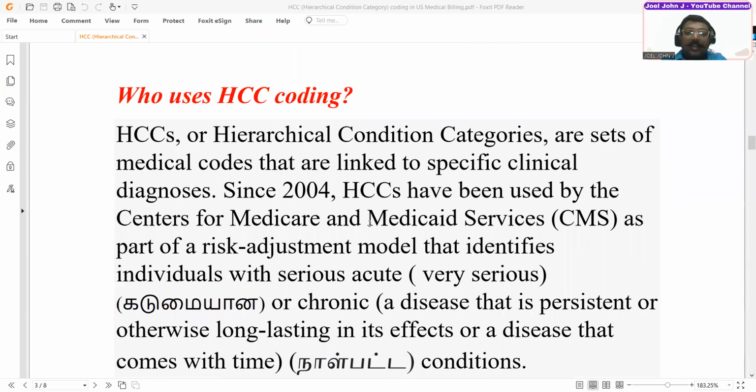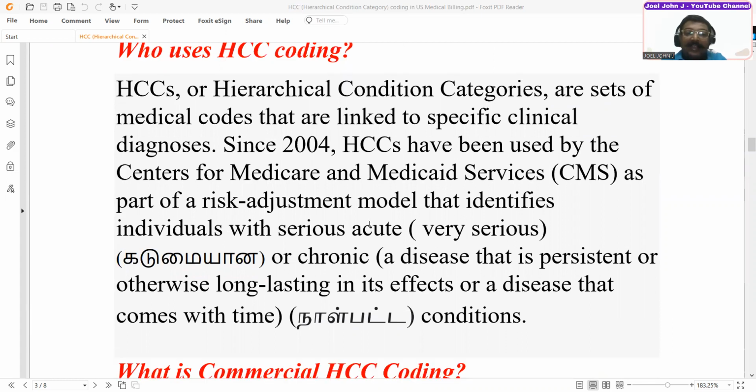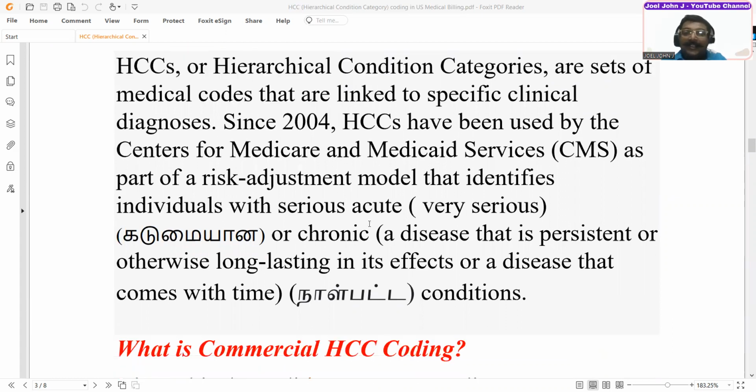Who uses HCC coding? HCCs, or hierarchical condition categories, are sets of medical codes that are linked to specific clinical diagnoses. Since 2004, HCCs have been used by the Centers for Medicare and Medicaid Services (CMS) as part of risk adjustment models that define individuals with serious acute conditions.